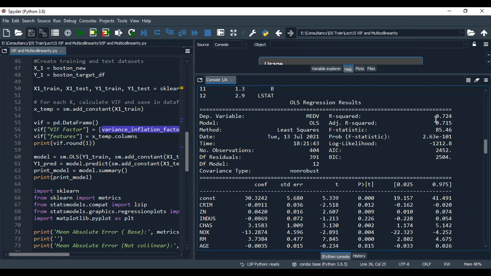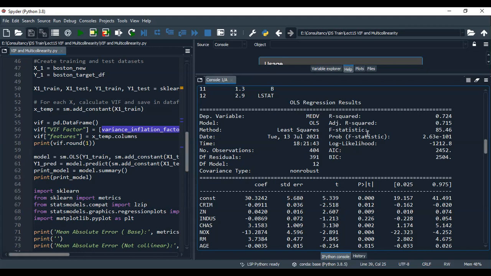Am I correct? So when you are decreasing Y hat, definitely you are increasing the SSE value. So 1 minus SSE by SST will decrease. This is the actual effect you get here. That's why this value is changing.